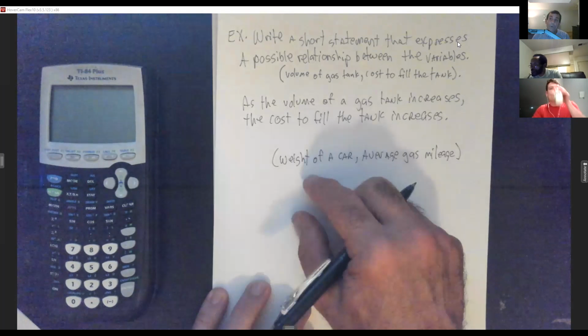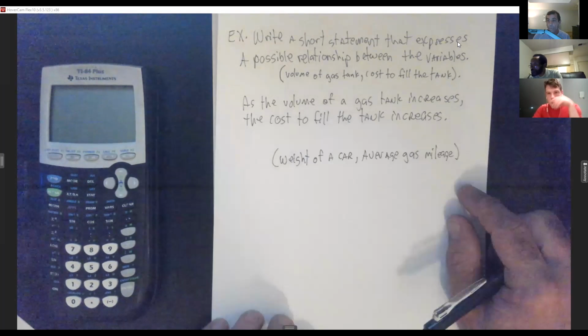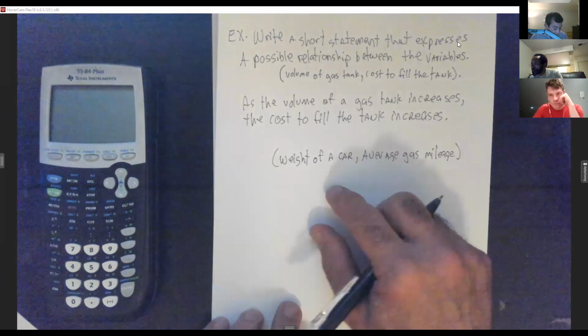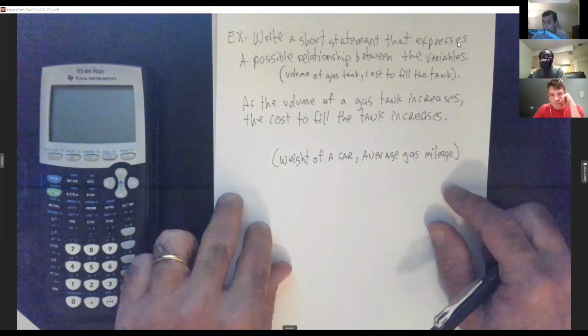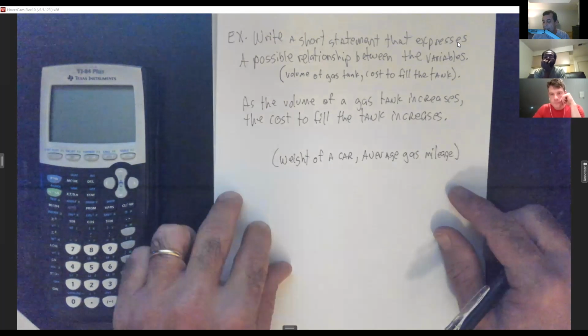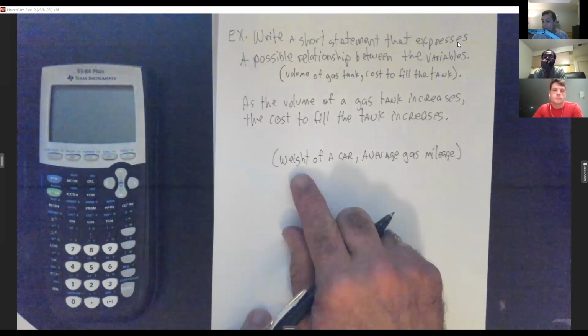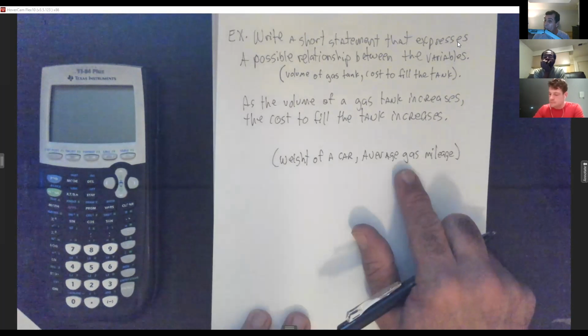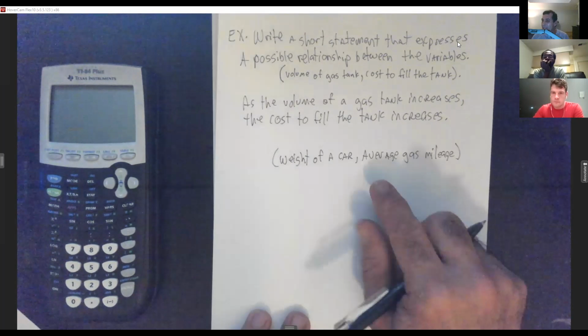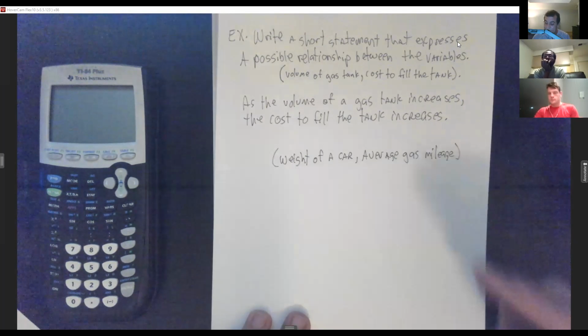So cars can weigh anywhere from probably 1 to 2 tons or so, 1 to 5, 6,000 pounds maybe. So I would think that as the weight of a car increases, the average gas mileage is probably going to decrease, right? The heavier the vehicle.